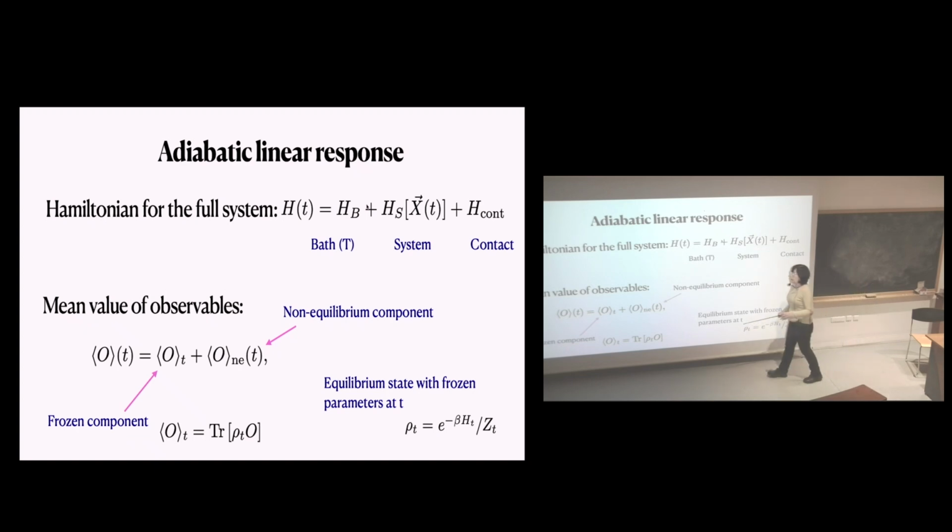I want to keep the time-dependent part in the Hamiltonian, but I'll consider it frozen to evaluate this first component, and this other component will be calculated in a linear response way similar to Kubo. I'll explain it to you.